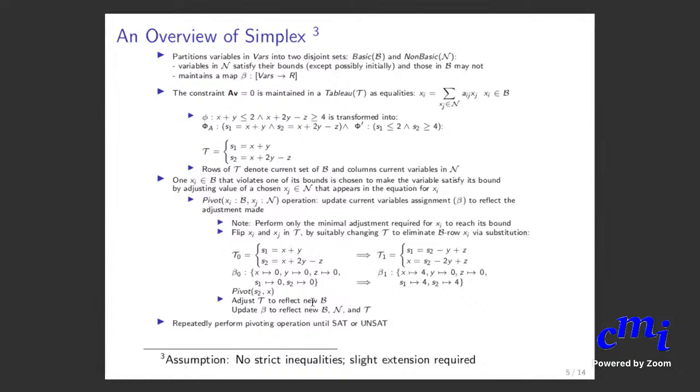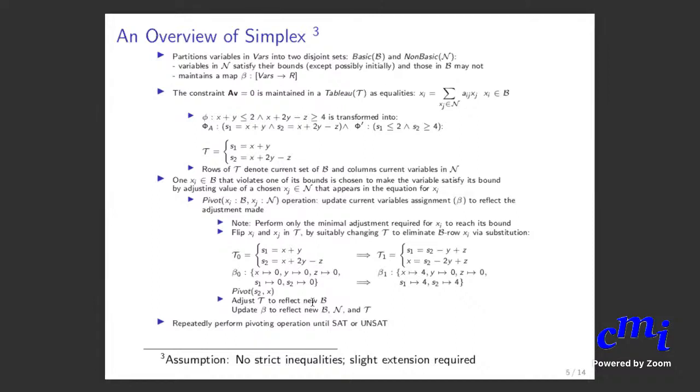And then at any point, if you are not able to make progress: at every point you have a current assignment for the variables and a tableau which defines what are non-basic and what are basic. You may get to a point where you still have some basic variables which violate their bounds, but there's no non-basic variable to adjust.